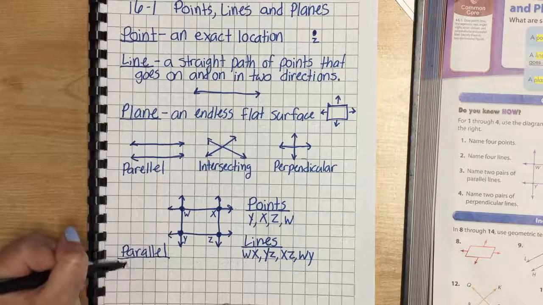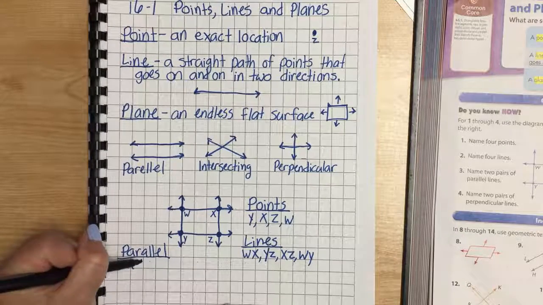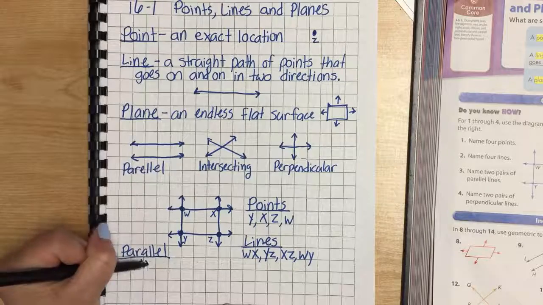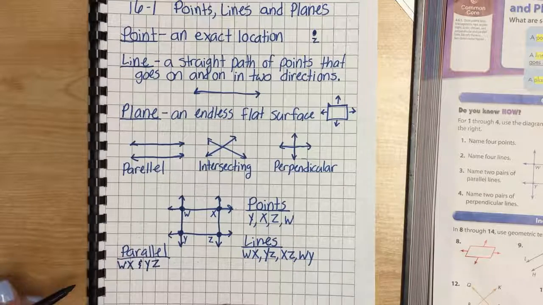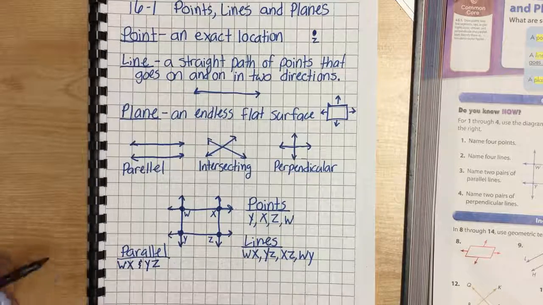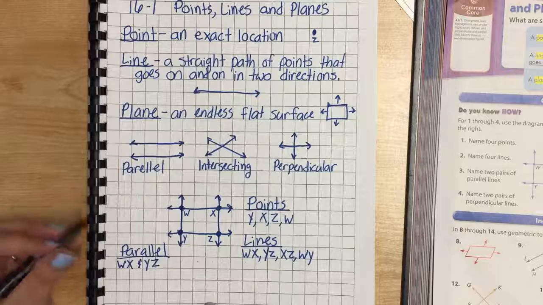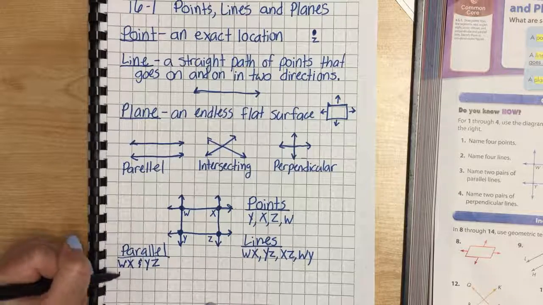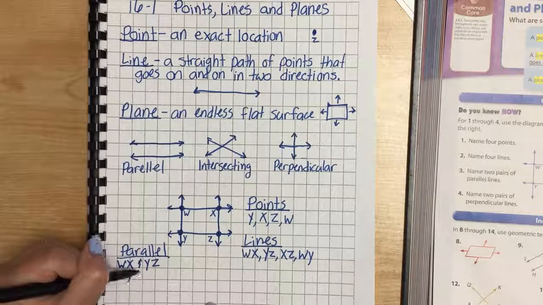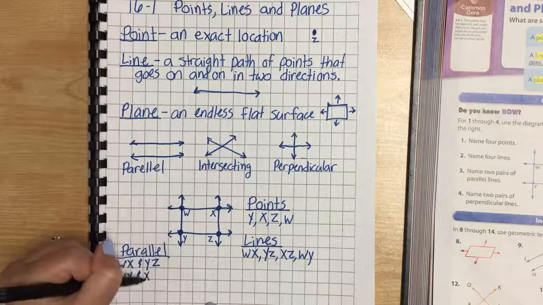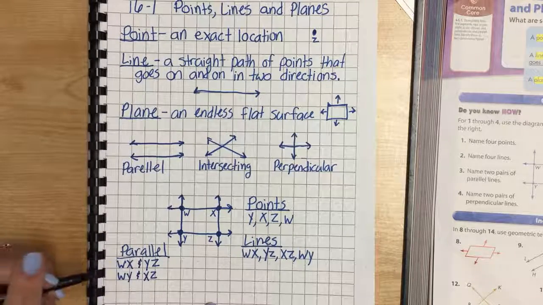So the way I'm going to write it is WX and YZ. That's one set. What would be another set of parallel lines? W to Y, XZ. WY and XZ. Good.